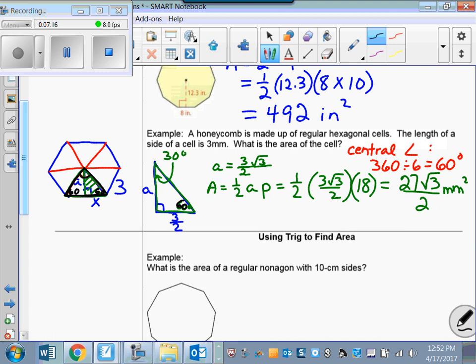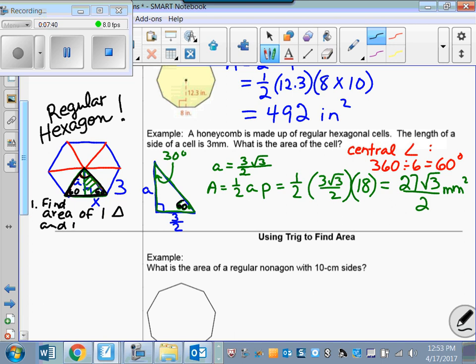So whenever you have a regular hexagon, this is a really important thing for you to remember. A regular hexagon that you want to find the area of, all you need to do is find the area of one of your triangles, like this black one here, and then just multiply it by 6.